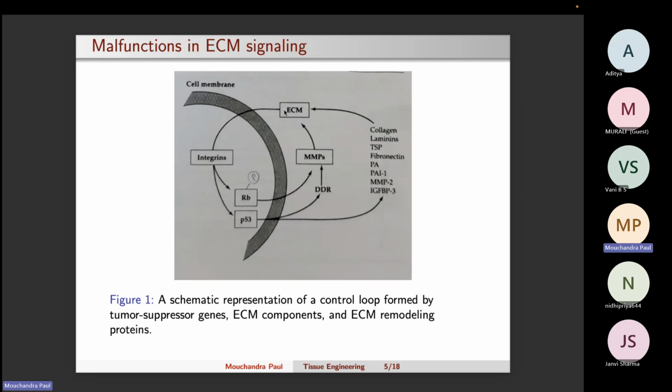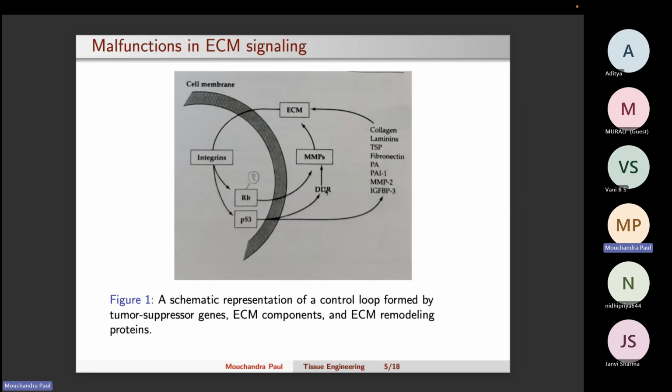Whereas again, cell-ECM interaction is also controlling the activity of P53. How? It is controlling the synthesis of many types of ECM proteins. These ECM proteins are synthesized by the cell only. At the transcription level, P53 is controlling the synthesis pathway, which in turn controls the overall ECM composition.